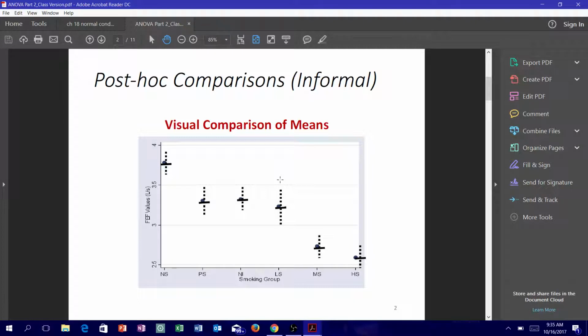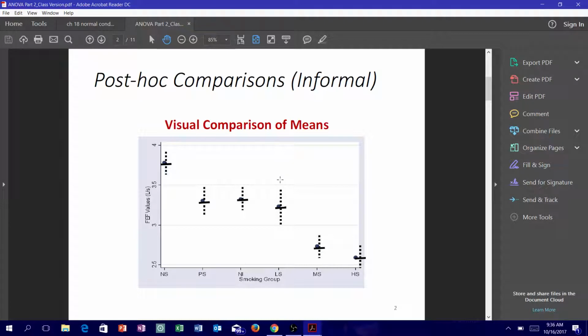Basically, if you look at these three, do the standard deviations overlap or not? They do. And this means that these three are not statistically different from each other. But again, remember that this is just a visual inspection, an informal analysis. You cannot make the same conclusion and write it up in a paper without running the numbers.